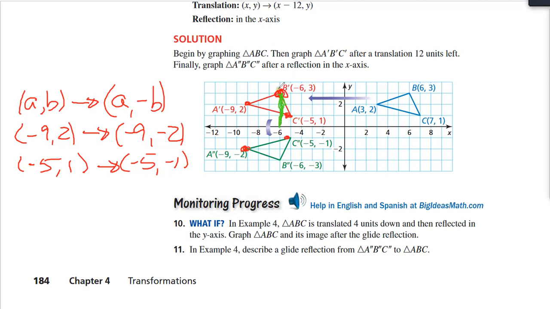It's the same distance, but going the other direction, right? This is 3 units going up. It's got to be 3 units going down to find the reflection point. Well, that's exactly what the y coordinate is. It's telling you how much up, but instead we want to go down. So that's what the negative does. It says go down instead of going up, or vice versa.